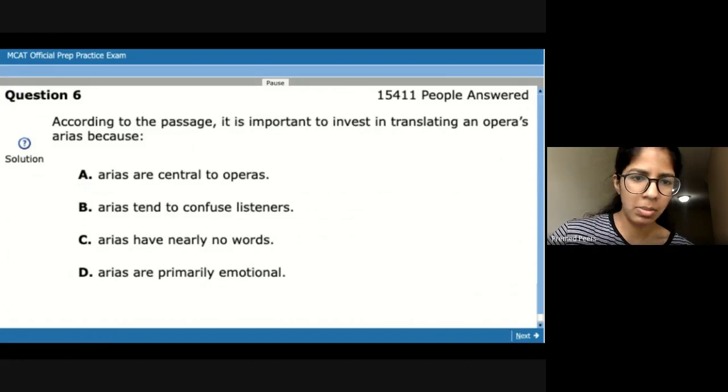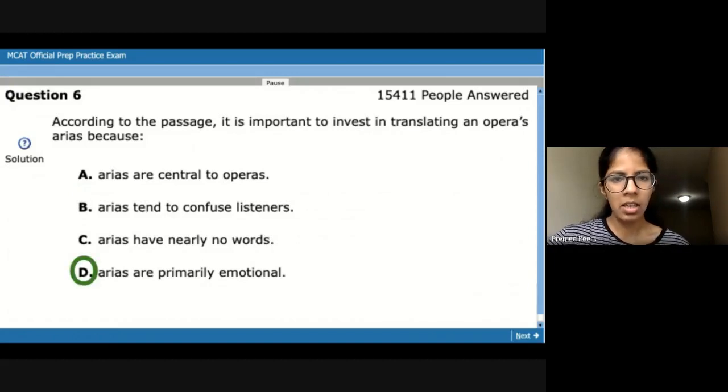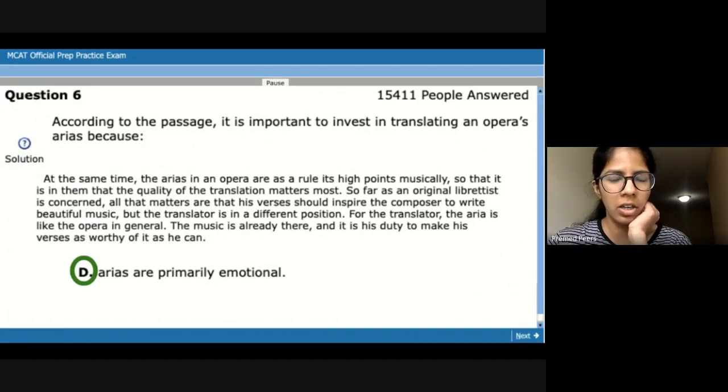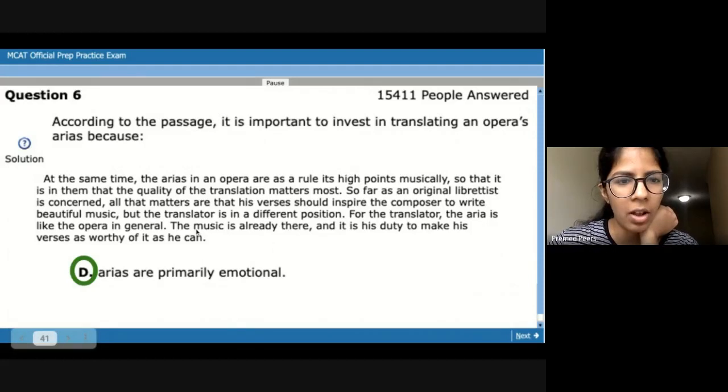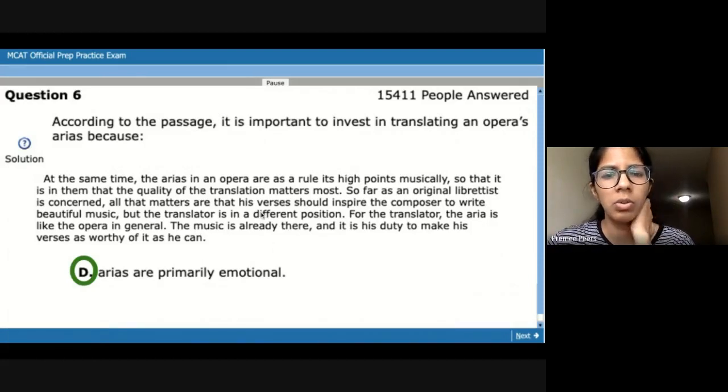Okay, there seems to be confusion on this one, so we'll spend some time on it. It's actually D. We looked at this paragraph before in another question. So it's saying how the translator needs to spend time capturing the essence of the aria because the quality of the translation is what matters most.